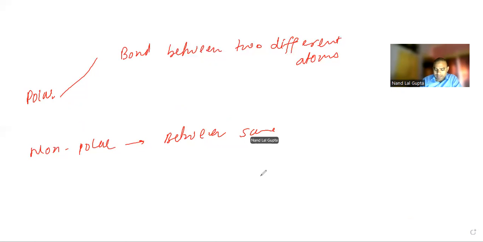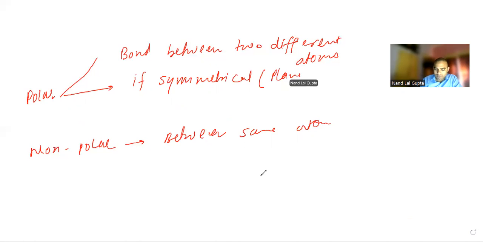Second one, if it is a symmetrical molecule, meaning there is a plane of symmetry, then it is going to be non-polar. Between the same atom, that is going to be non-polar. Oh, I wrote wrongly. Sorry.